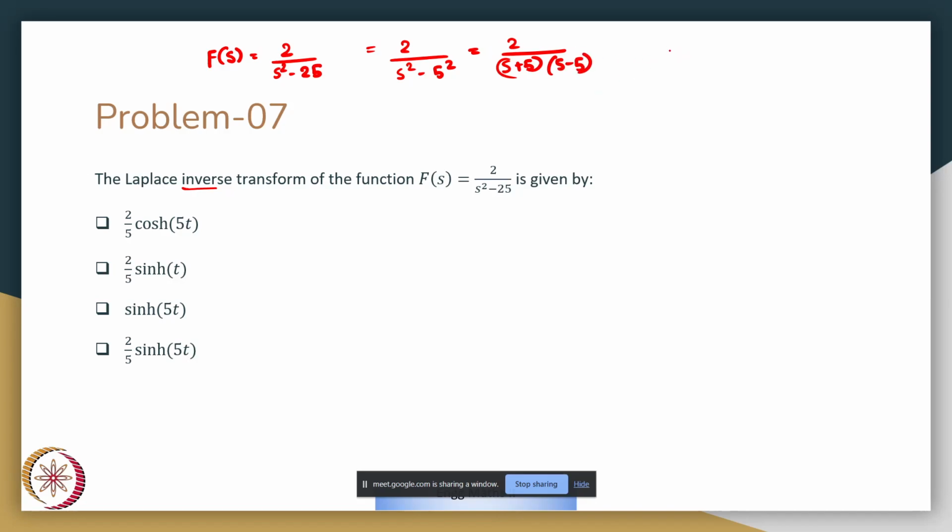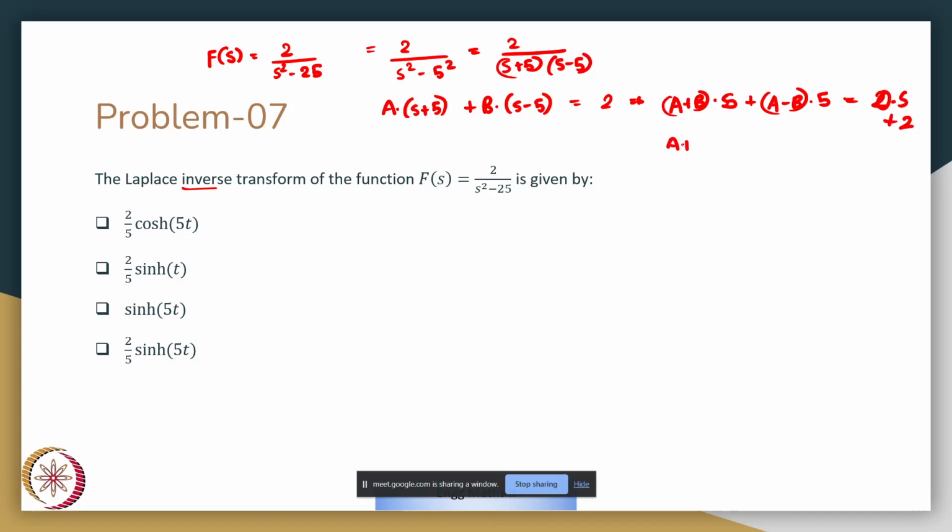A times s plus 5 plus B times s minus 5 should equal 2, which gives us a plus b times s plus a minus b times 5 should equal 0 times s plus 2.